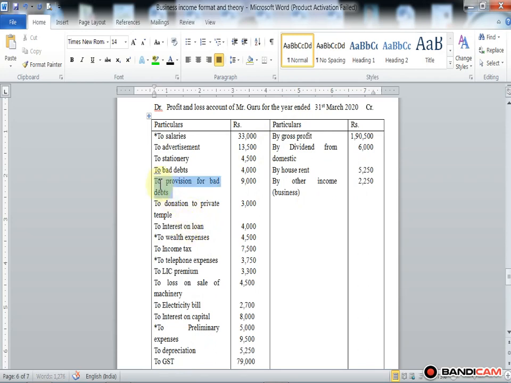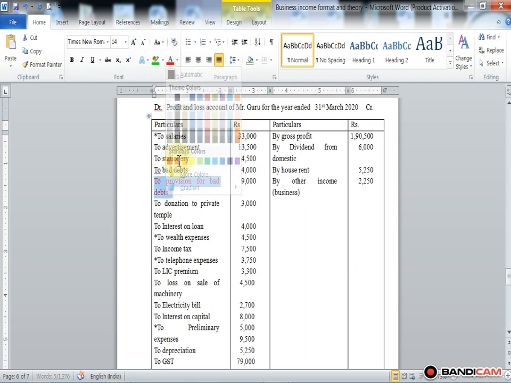So here we make it red because it will be added to our net profit. Then donation is also disallowed. Okay, then interest on loan. So here adjustment is not given on interest on loan. So it is considered as a business expense because the loan is taken for the purpose of business, so the interest on loan is considered as a business expense.